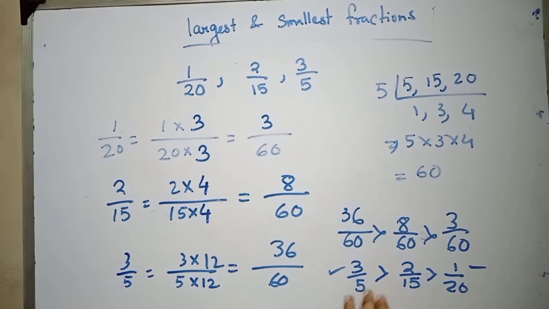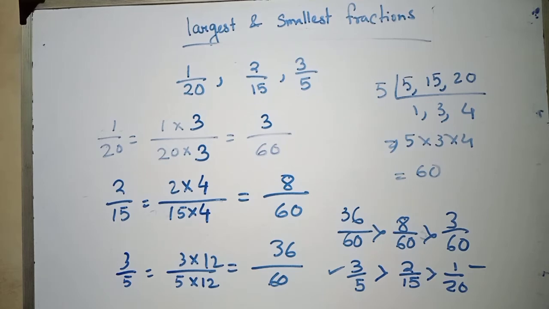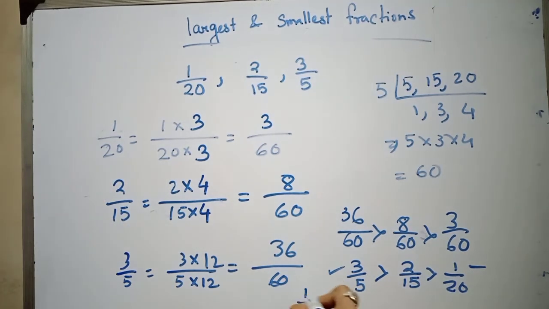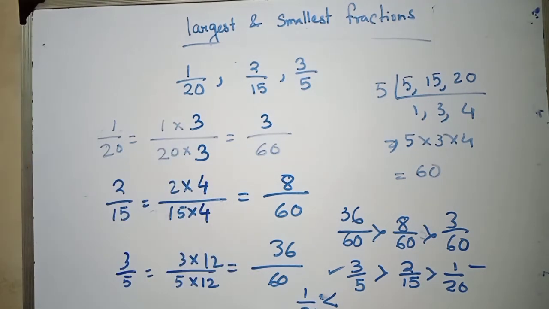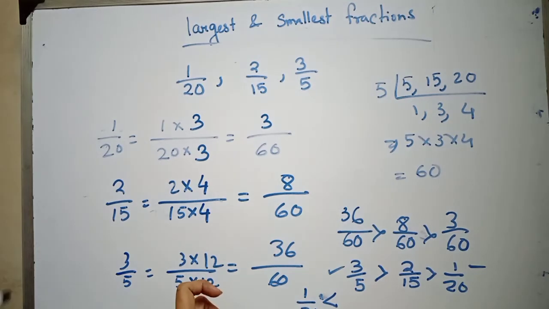Now if they ask you to write the numbers in ascending order, the question from your book, page number 92, they are asking you to write the numbers in ascending order. So you have to write the smallest number first, that is 1 by 20. Then this is less than... Descending means big to small, and ascending means small to big.